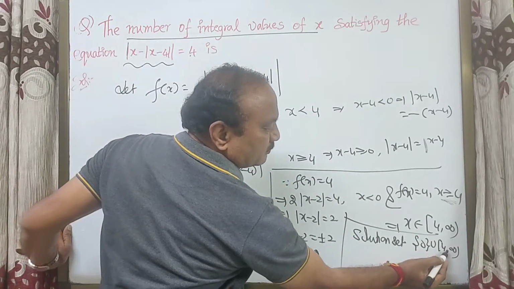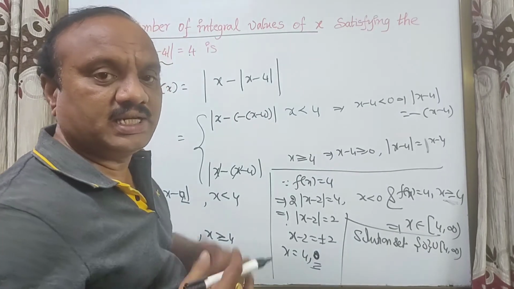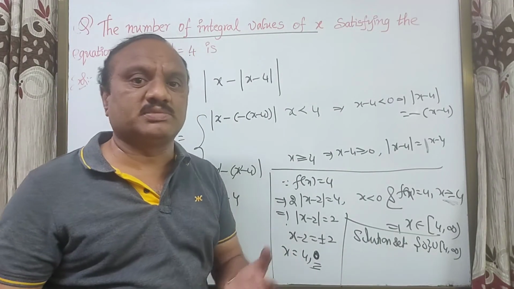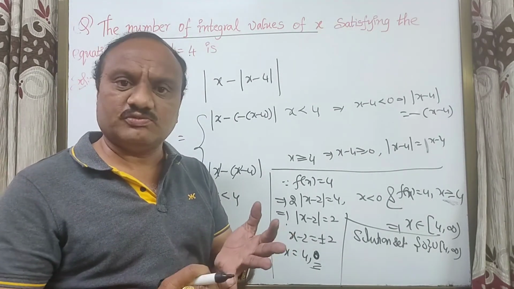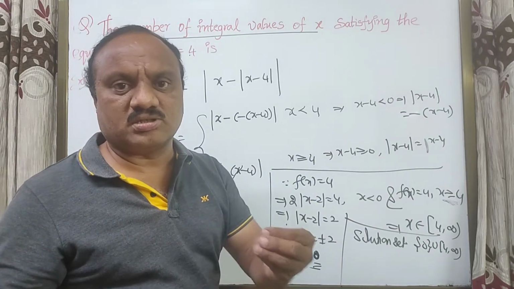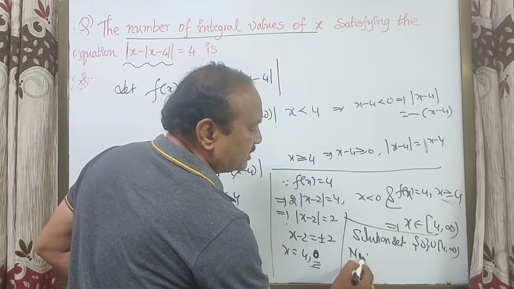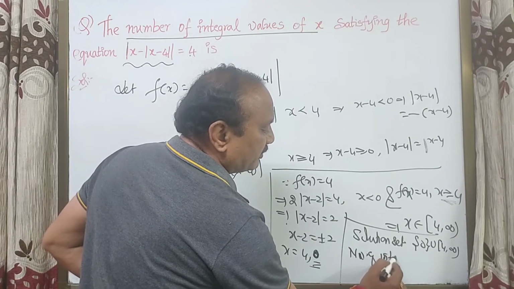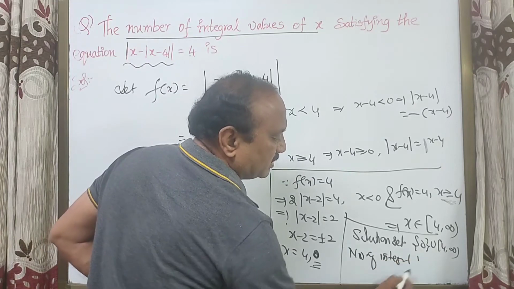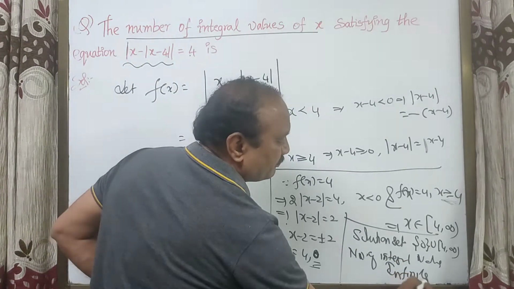In closed interval 4 to infinity, we have an infinite number of integral values. Integral value means whole numbers: 4, 5, 6, 7 like this and so on. These are all called integral values. So the number of integral values is infinite.